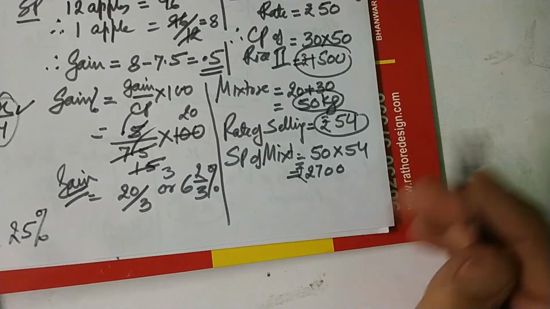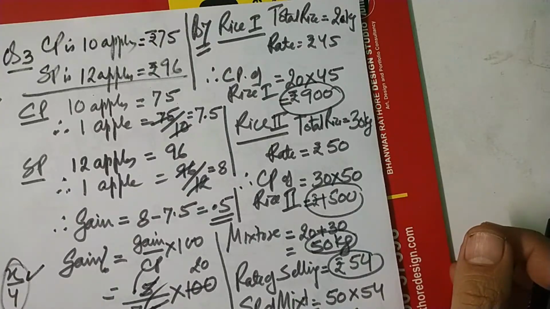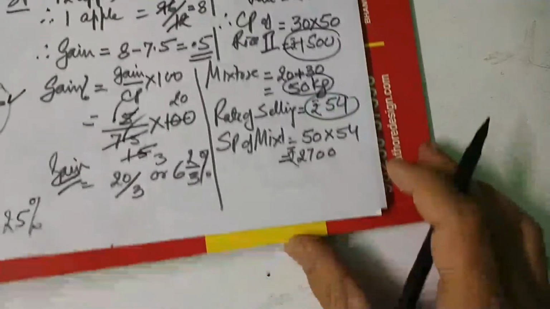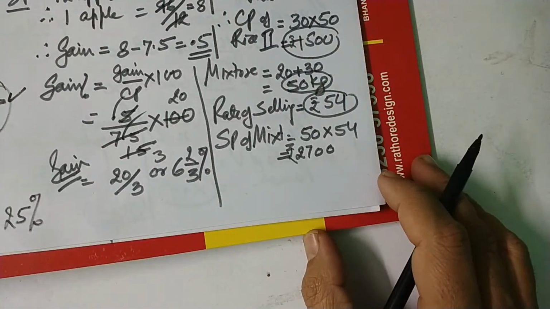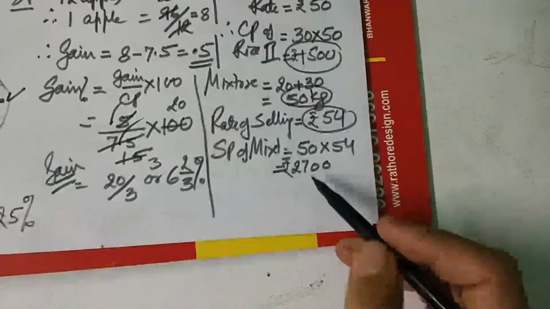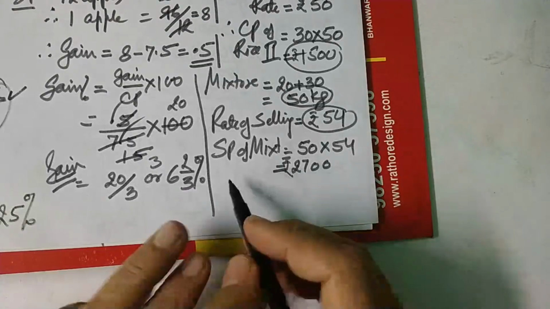Now you have to tell whether she made gain or loss. It says find her gain percent in the whole. You have to find gain. So how do you know there is a gain? Because the selling price should be more. Selling price of the mixture is 2700.